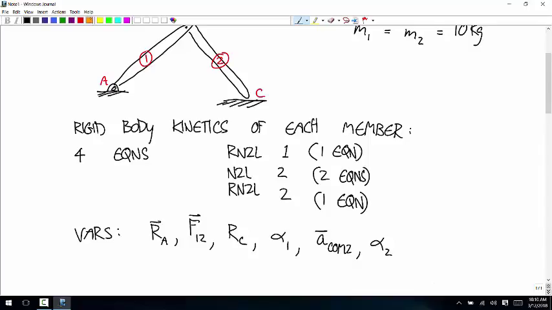But since we didn't, so these are the acceleration variables plus the loads that come up in the free body diagram. But since we didn't use Newton's second law on body 1 because it has a fixed point, and RA acts at our about point, this one doesn't come up in Newton's laws.